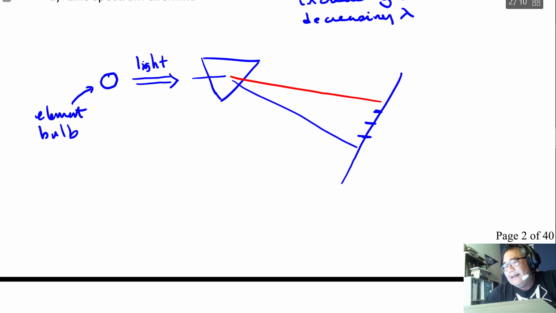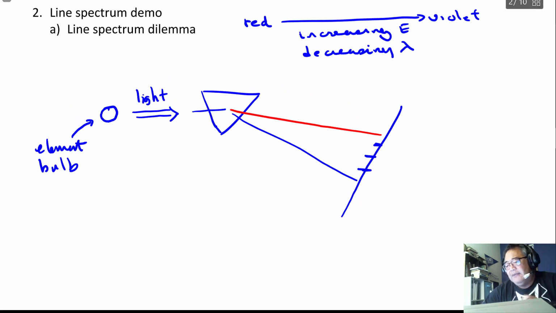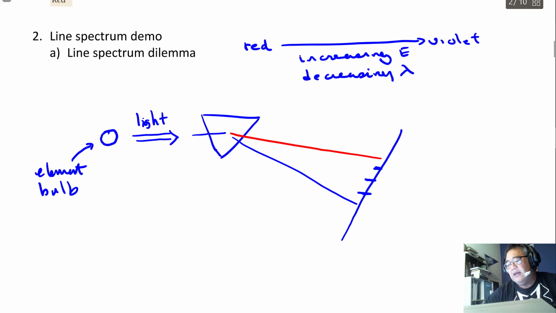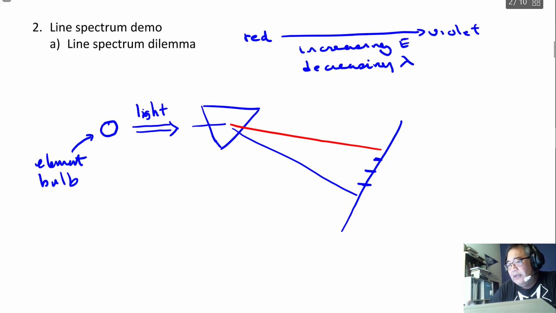A lot of the other wavelengths were missing, and only very discrete wavelengths were showing. Very small ranges of wavelengths were showing. And so what did that tell them? What it told them is that the light coming out of a bulb, for some reason, was only represented by a small handful of wavelengths.